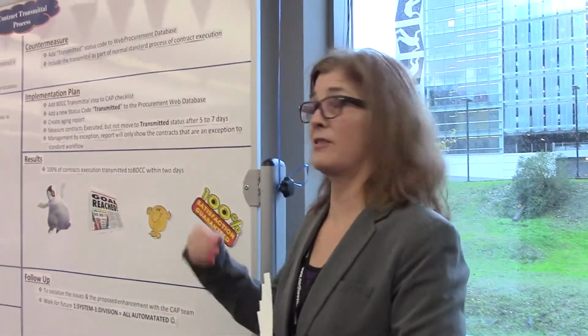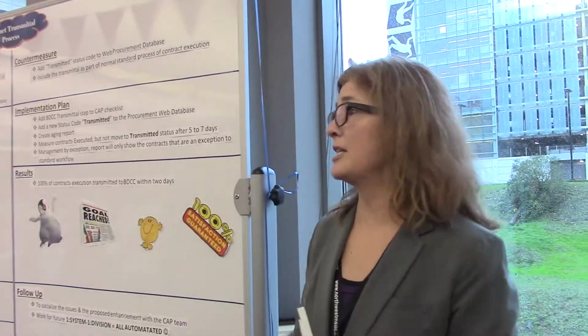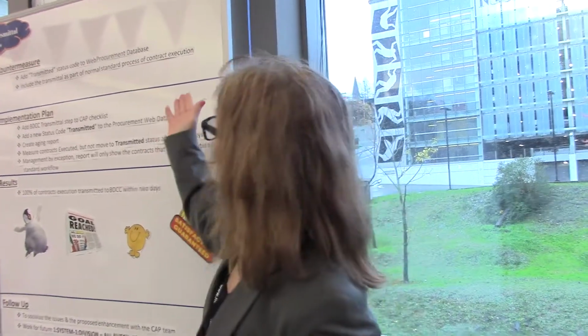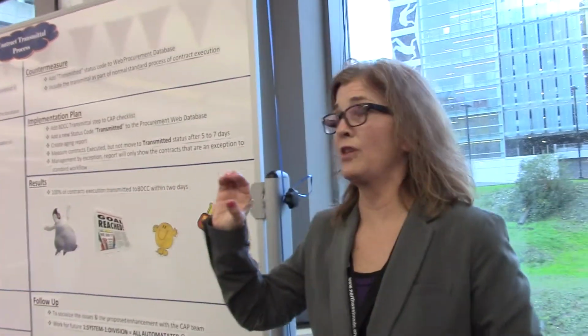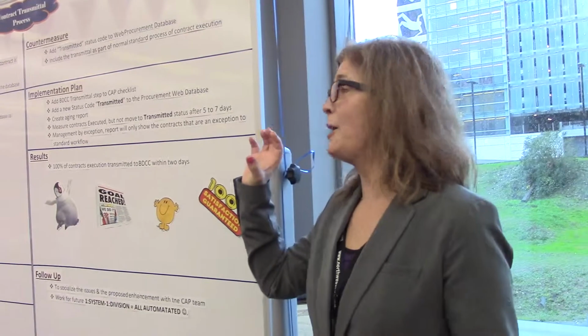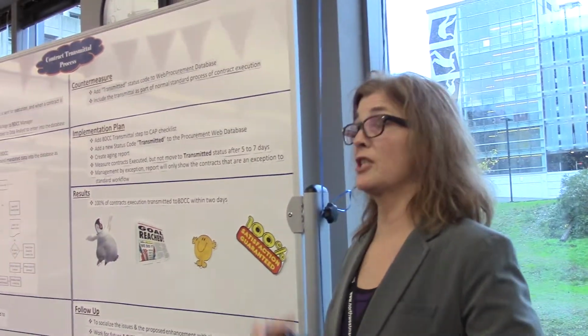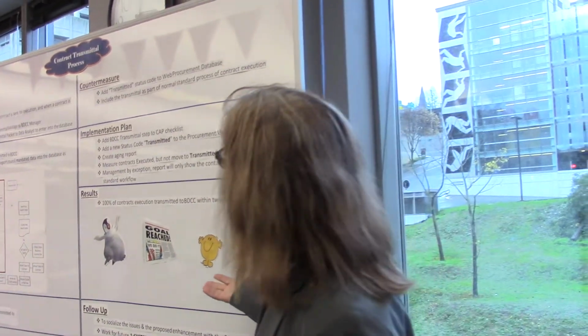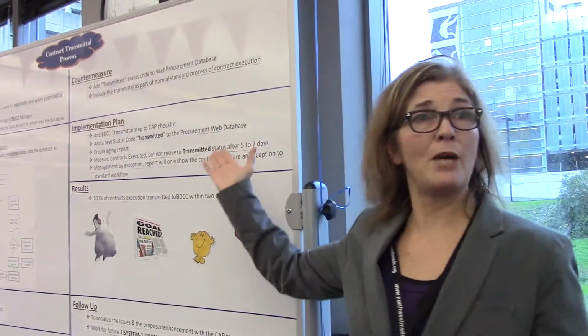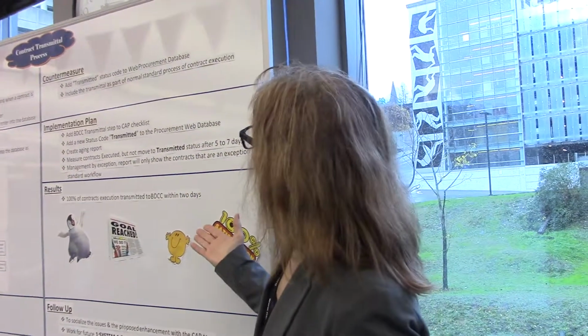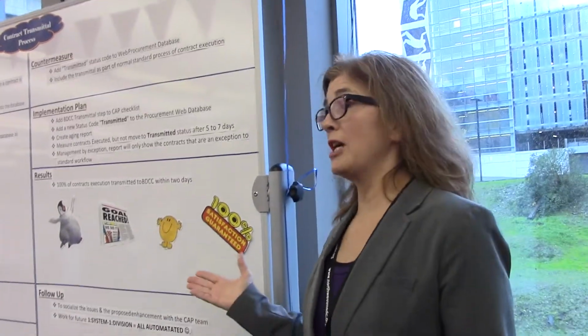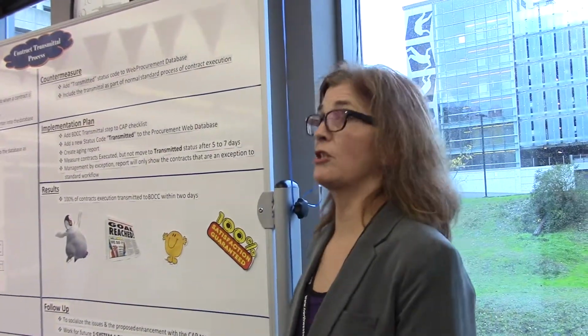One is sent for transmittal, one is executed. So perhaps add a status code, I don't know how hard this is to do, that says it's been transmitted to Business Development and Contract Compliance for notification, and then include that step as part of the normal standard process for contract execution.